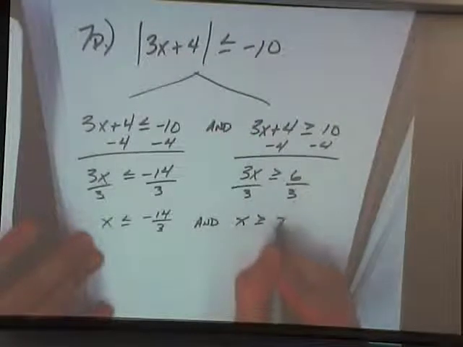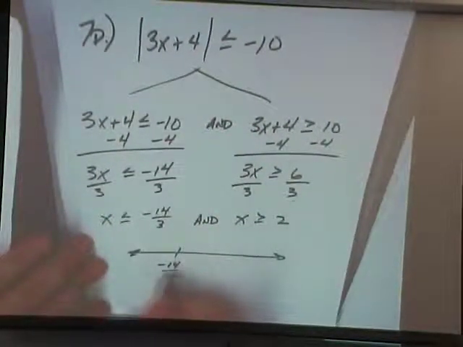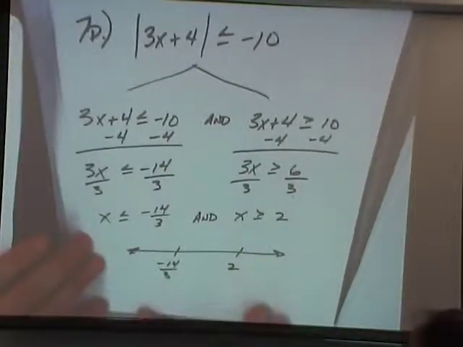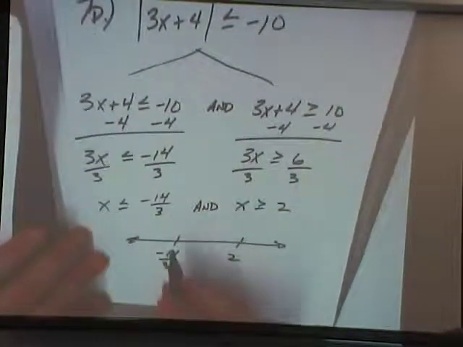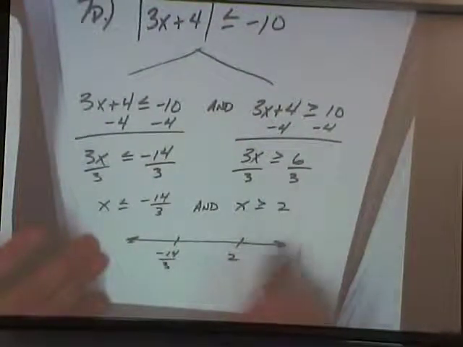X greater than or equal to 2. We put this on a number line. It's less than this one and greater than this one.